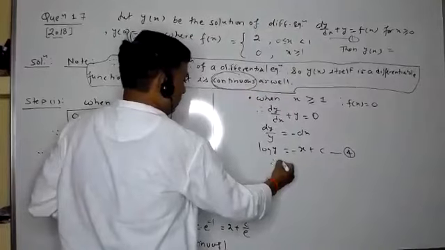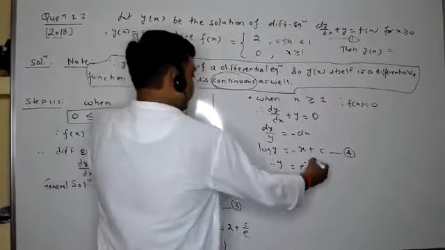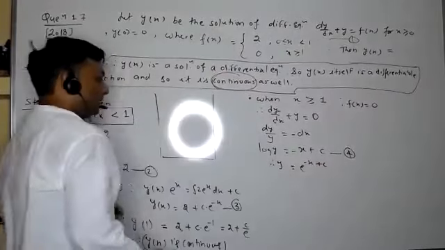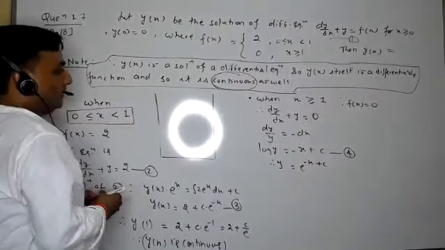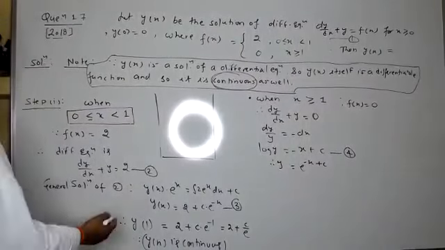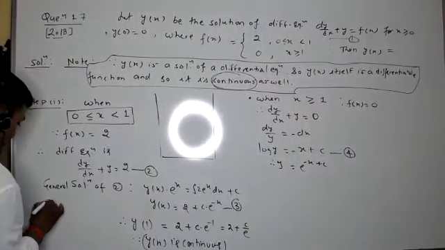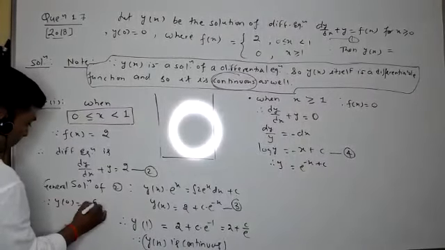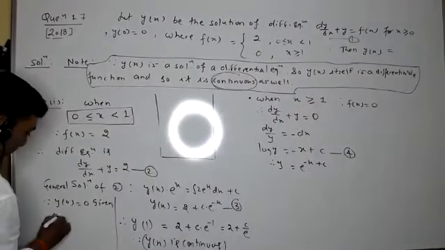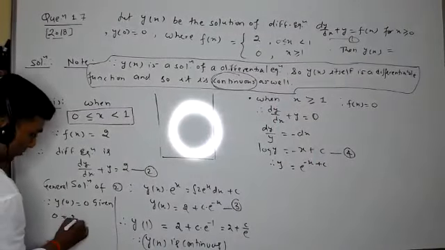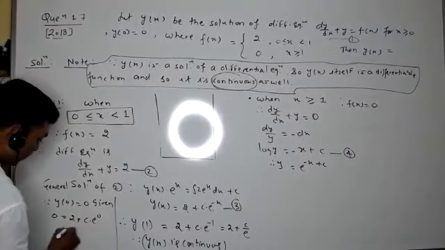Let's say if you calculate y equals e raised to the power minus x plus c. Some values were given. Okay, here an initial value of c was given. How to do that? Since y at 0 equals 0 is given, if we put y at 0, 0 equals 2 plus c into e raised to the power 0.